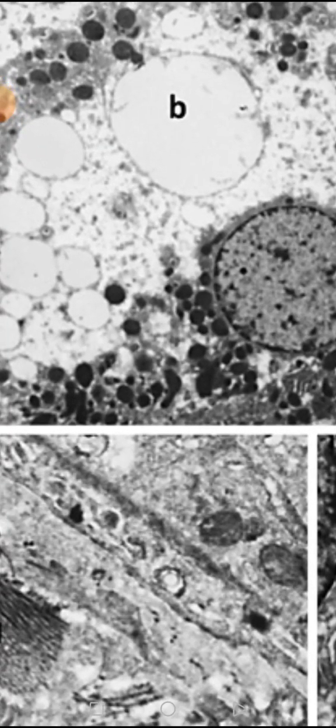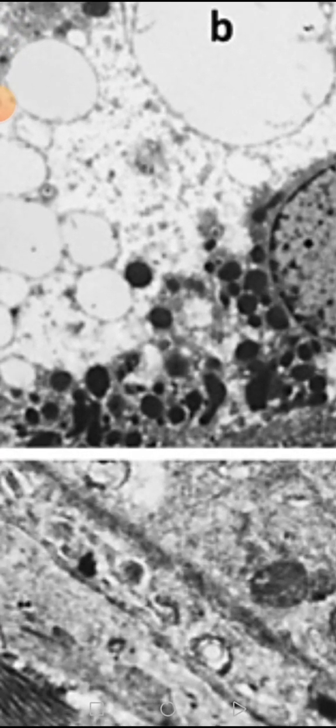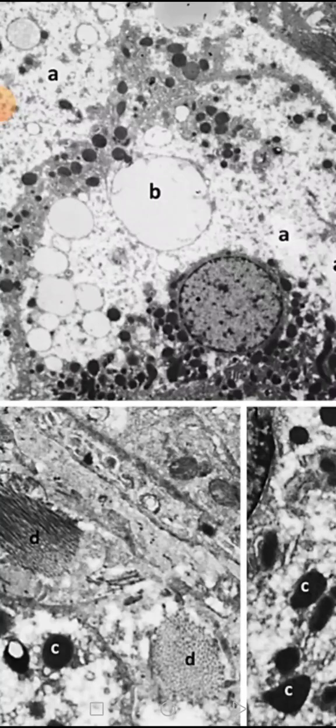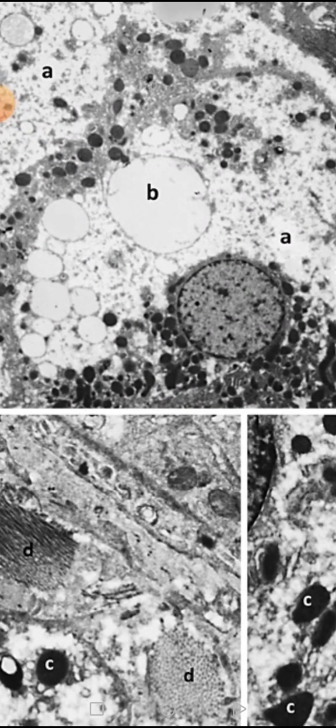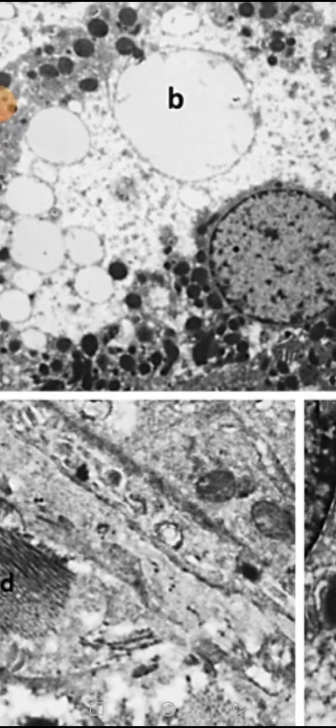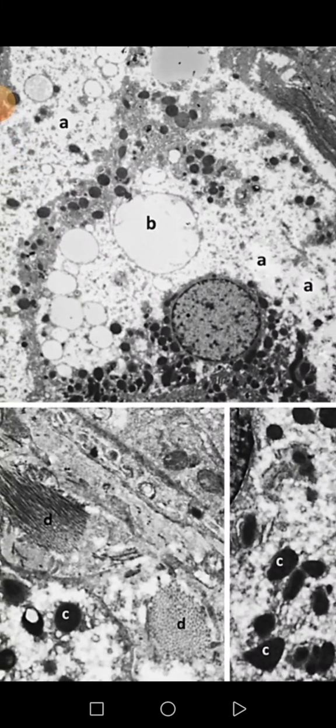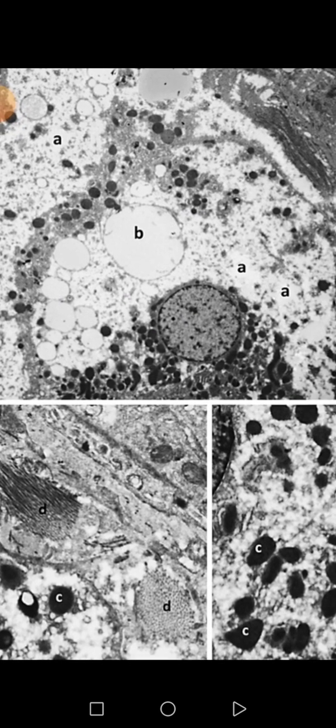So those dark dot-like structures are called the glycogen. So how to differentiate them from ribosomes? They are simply larger. It's very easy, and they are not attached to the rough ER, and they are larger in size.